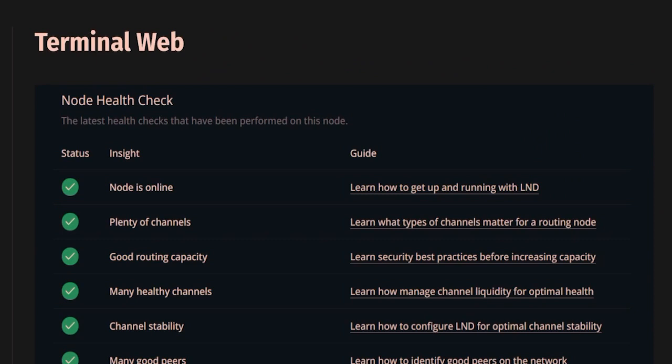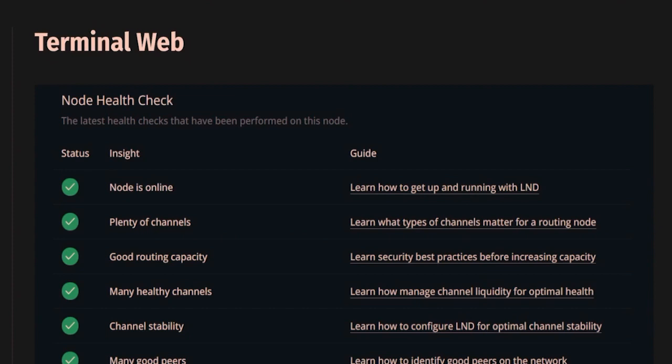Node is online. If you're trying to reach this node, this is very, very important. The Lightning Network only works if you're online, and it only works if your peer is online. Plenty of channels. This is arbitrary. You can get this check mark with around 15 channels. Good routing capacity.